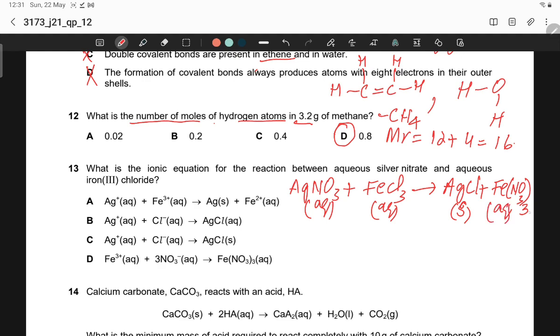So with 3 in front of AgNO3 and 3 AgCl, this is the balanced reaction.